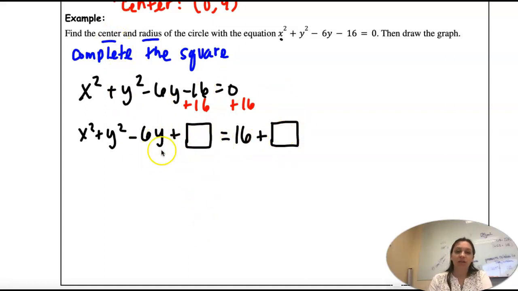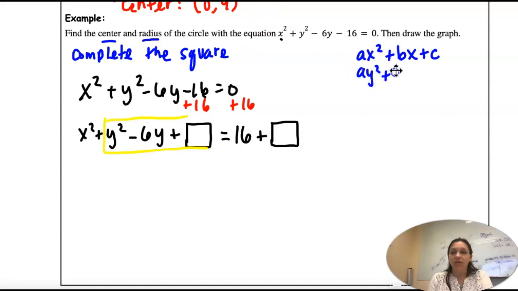So when we complete the square, remember we have standard form of a quadratic: ax squared plus bx plus c. For this case, I'm focusing just on the y's. So for this one, it's actually y squared plus by plus c.